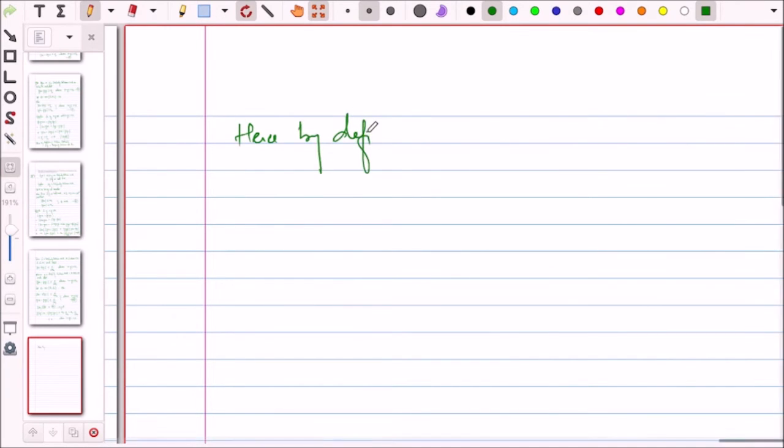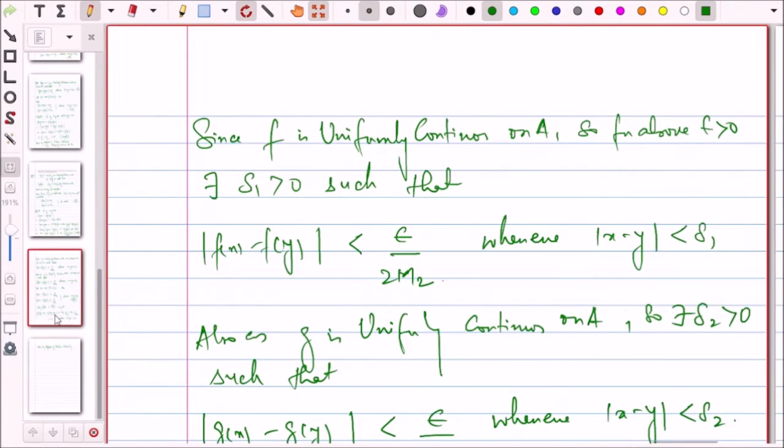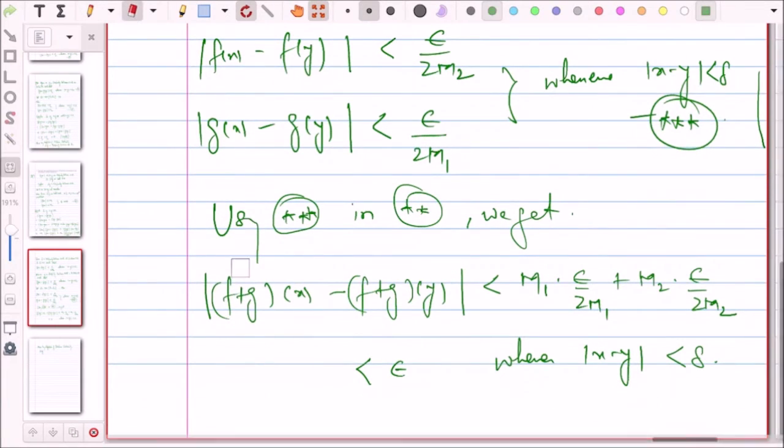Hence by definition of uniform continuity, f plus g, sorry, fg, we are considering the product here. So this is your fg.